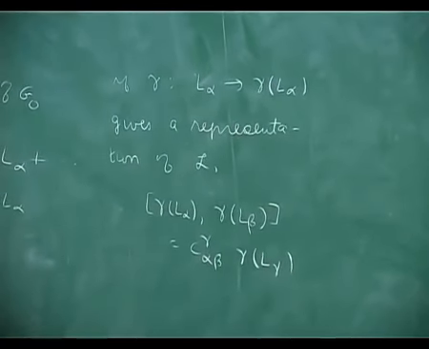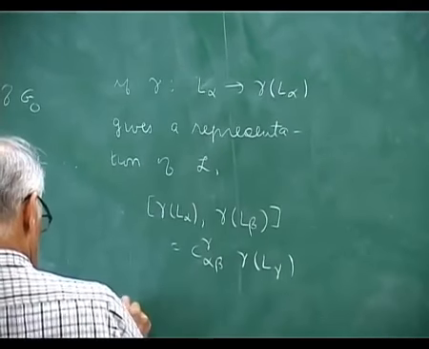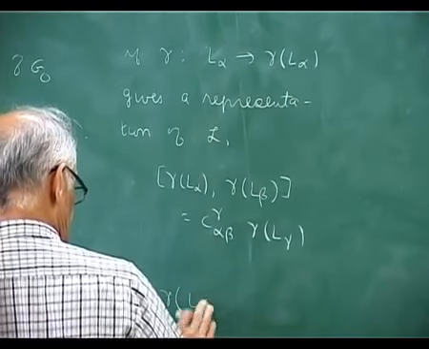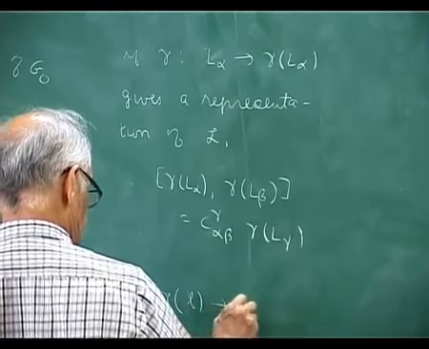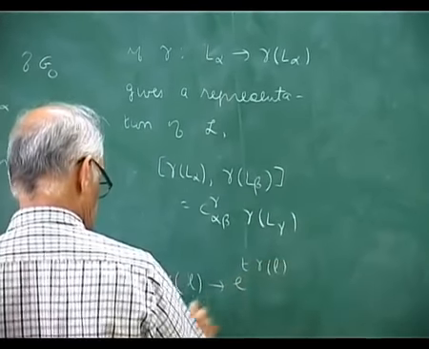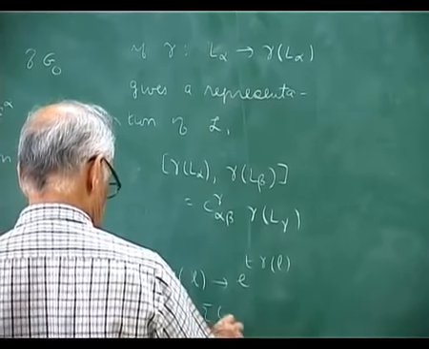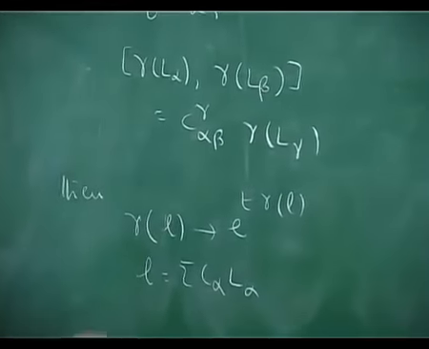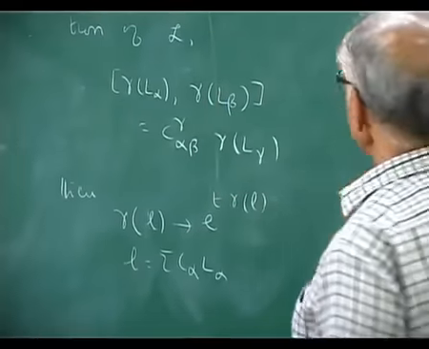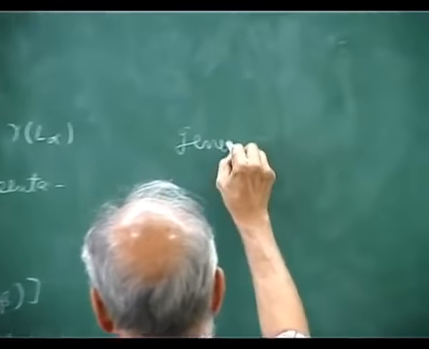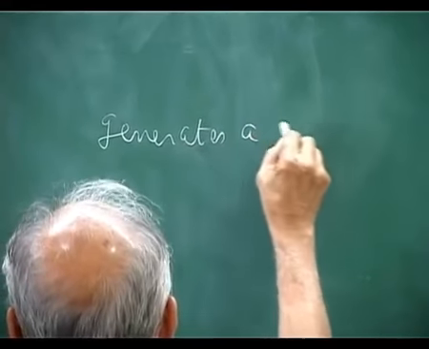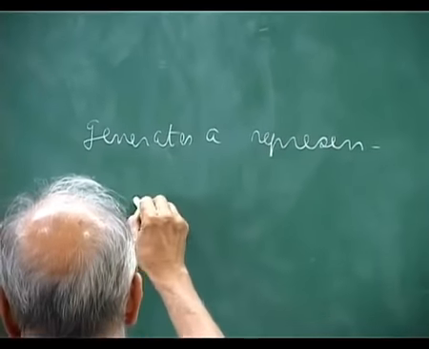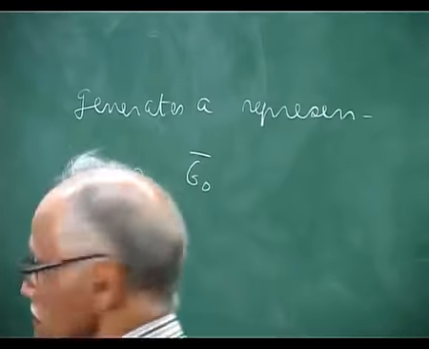We have the converse: this mapping gamma of L going to exponential of t gamma of L, where L is any element of the Lie algebra, is an element of the group, exponentiated, and generates a representation of G0 bar, the universal cover.